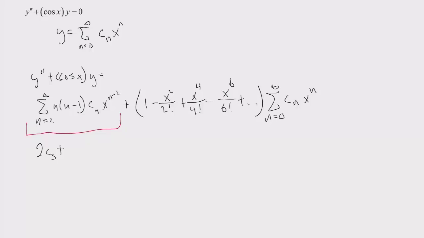Okay, but what happens if I keep going? So if I put a 3 in there, I get 3 times 3 minus 1, so that's 6 c3 x.